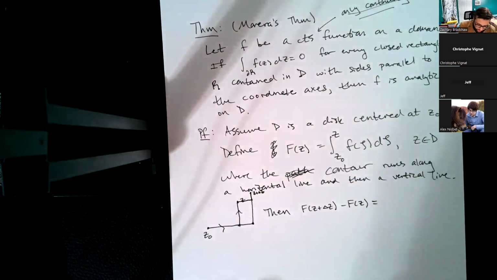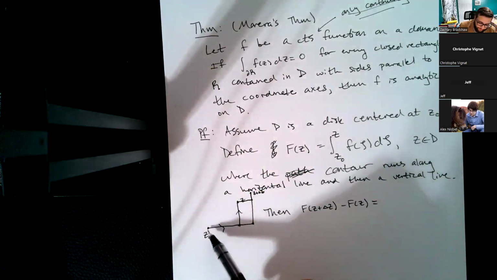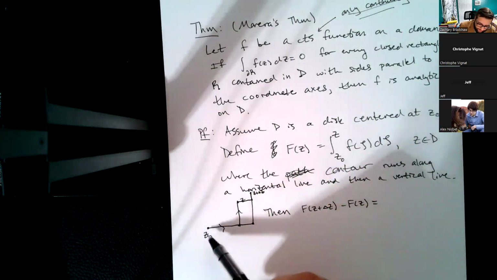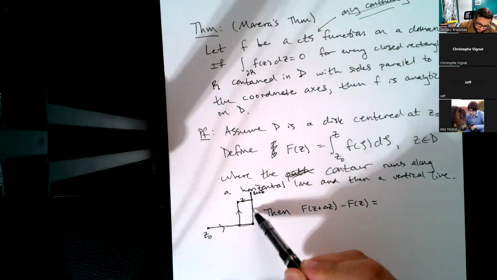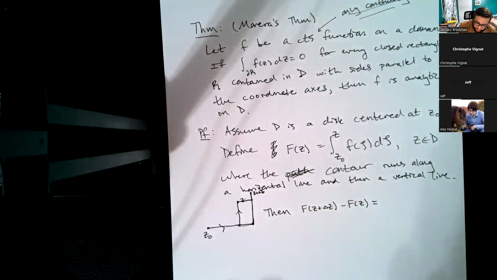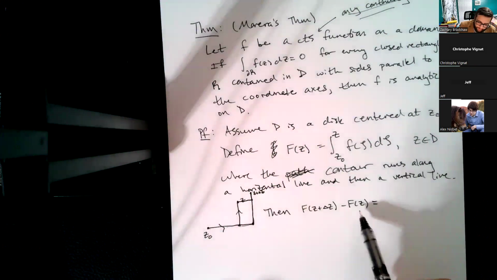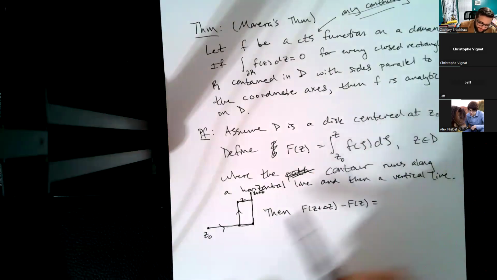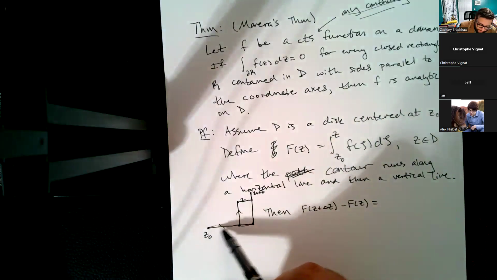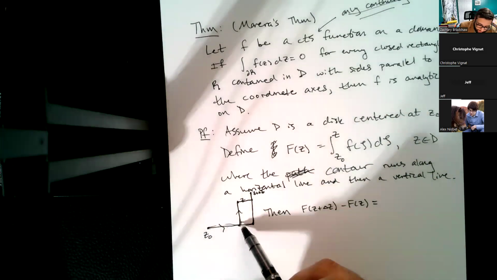So F of z plus delta z, that integral is going to be from z0 to z plus delta z, so it's going to be along this contour. And then F of z, that integral is going to be from z0 to z. That's going to go from here to here.